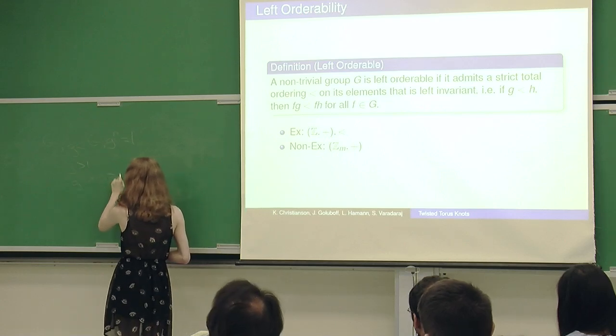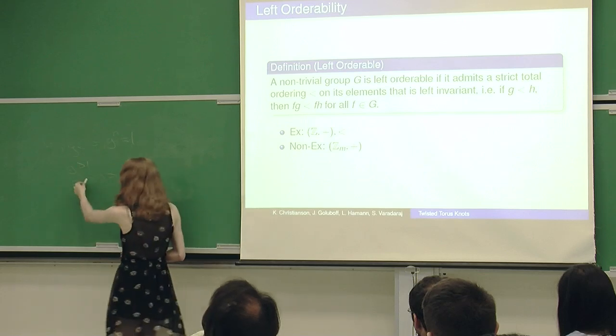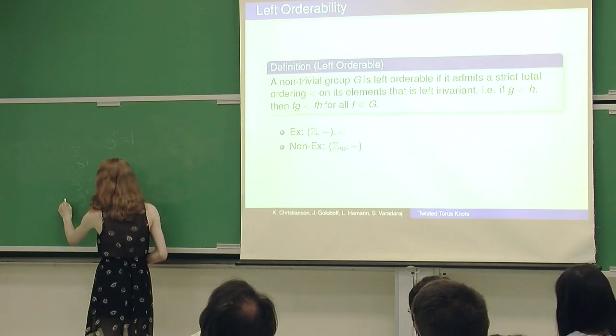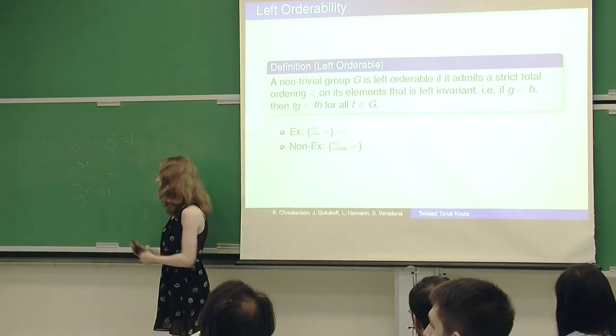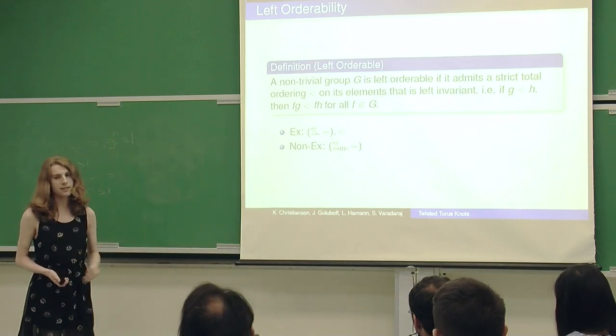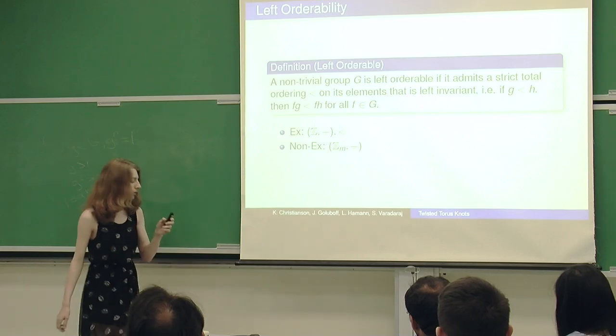But we know that g is greater than 1, so g squared is greater than 1. We can see if you keep multiplying by g, you'll get g to the n is greater than 1, but this is 1. 1 can't be greater than 1. So in fact, this proof demonstrates that Z mod m and any other group with finite order elements is not left-orderable.